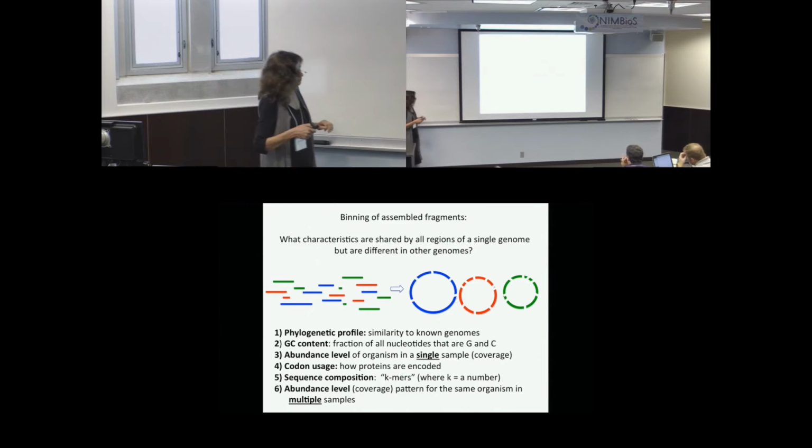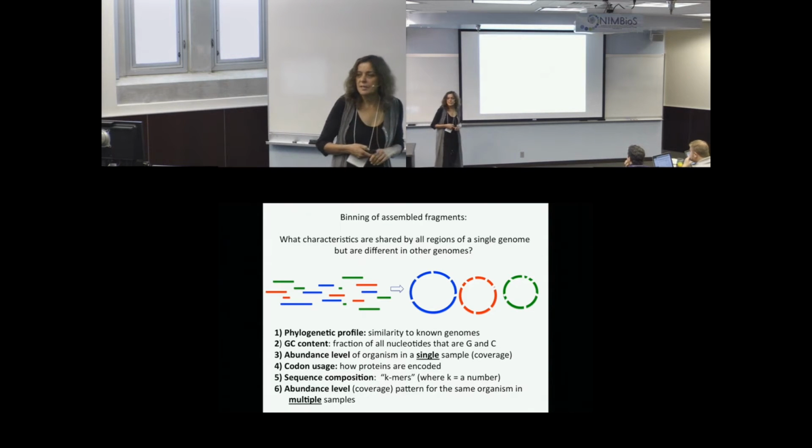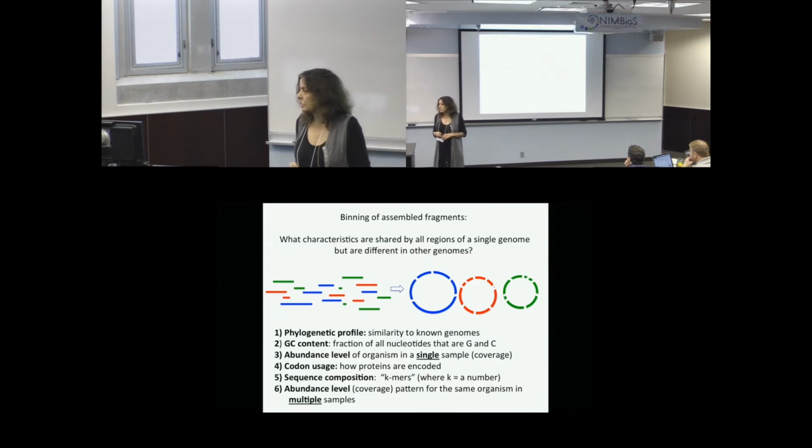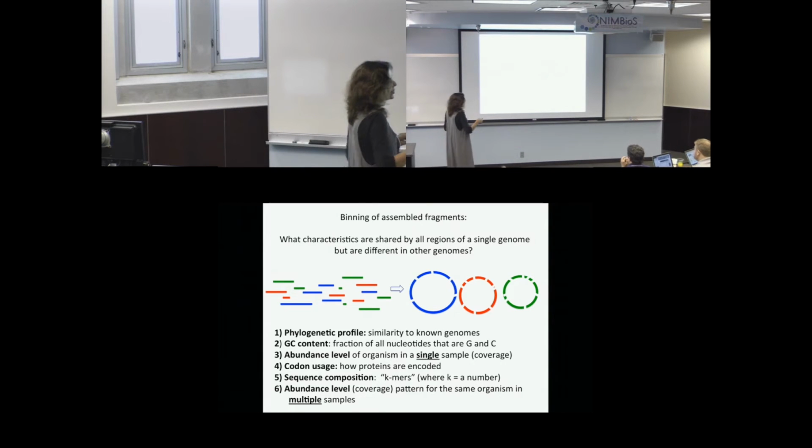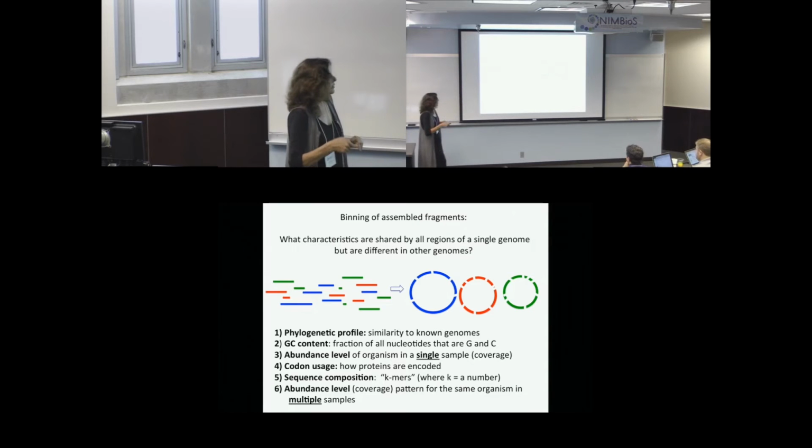So when it comes to binning, we can identify a number of different sources of information about how to make a bin, how to assign the fragments that come from a single genome into a bin that represents the genome of that organism, as shown here. I'm going to talk a little bit about phylogenetic profiles because I think this is really, really important, especially for human microbiome research.